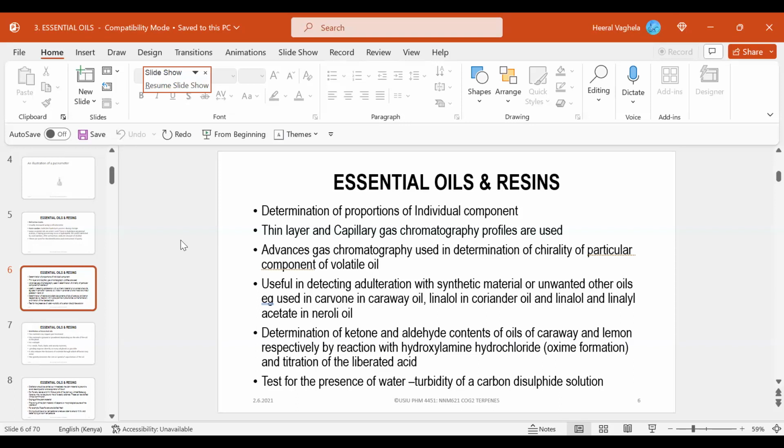And if there's a mixture of essential oils, you can separate or identify them individually using thin layer chromatography or gas chromatography.